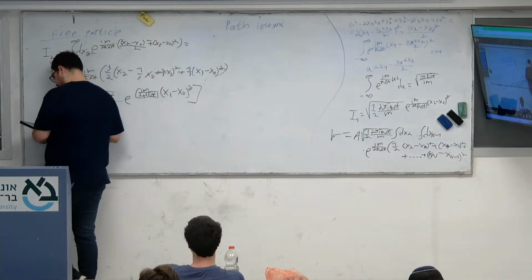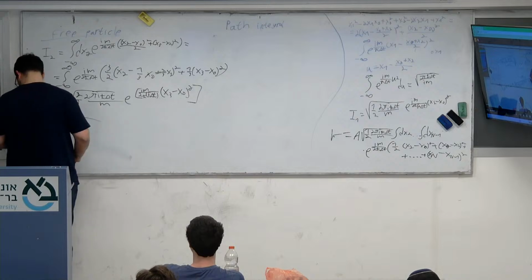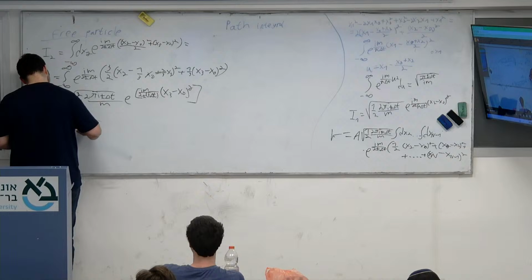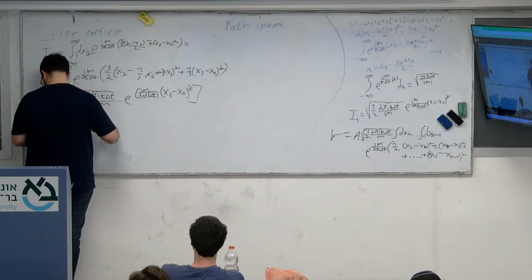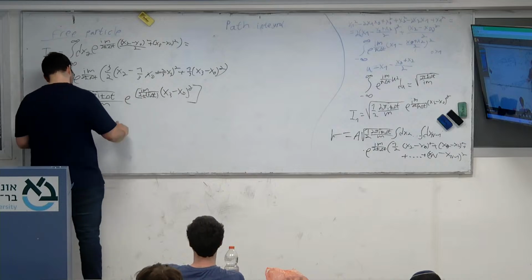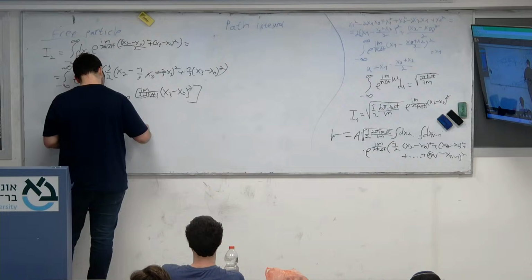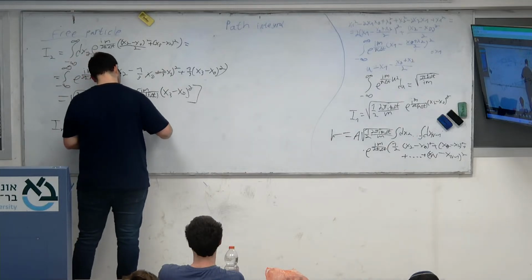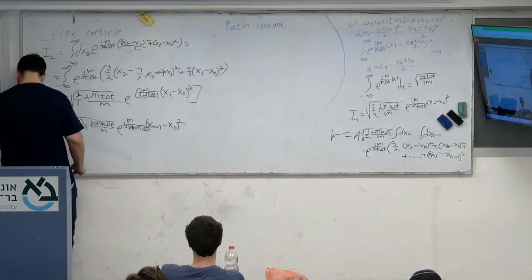we know we'll get that the propagator would be similarly equal to the square root of (n plus 1) times 2 pi i h bar delta t divided by m, times e to the i m divided by 2 h bar (n plus 1) delta t times (x n plus 1 minus x0) squared.